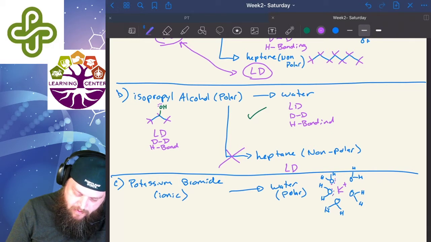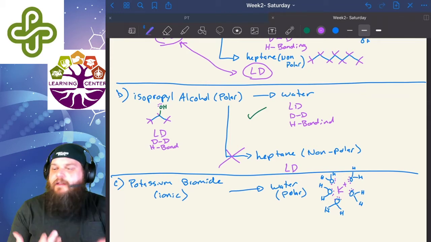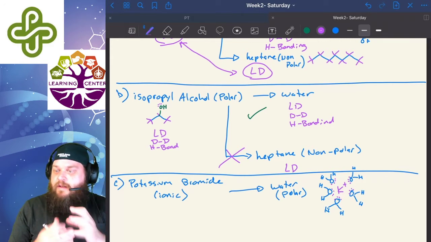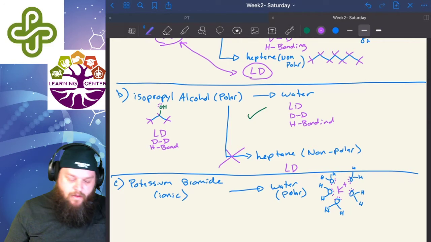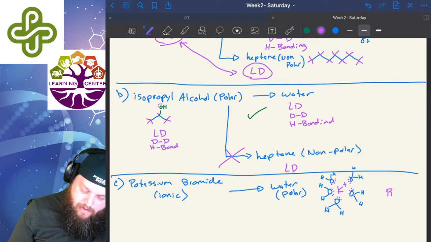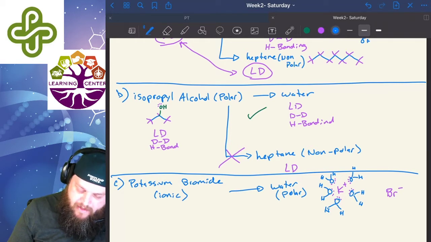I should put 2 lone pairs on each of them. So that partial negative of the water is being attracted to that positive, and they're able to kind of surround it and isolate it, preventing it from easily bonding back in that ionic bond to the bromine or the bromide. Br minus is floating around there. The same thing happens there, but now we have the hydrogen side of things floating towards it.